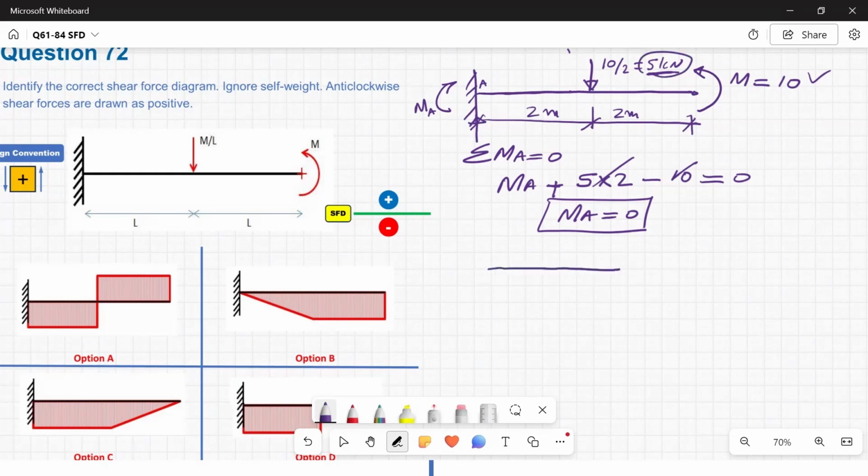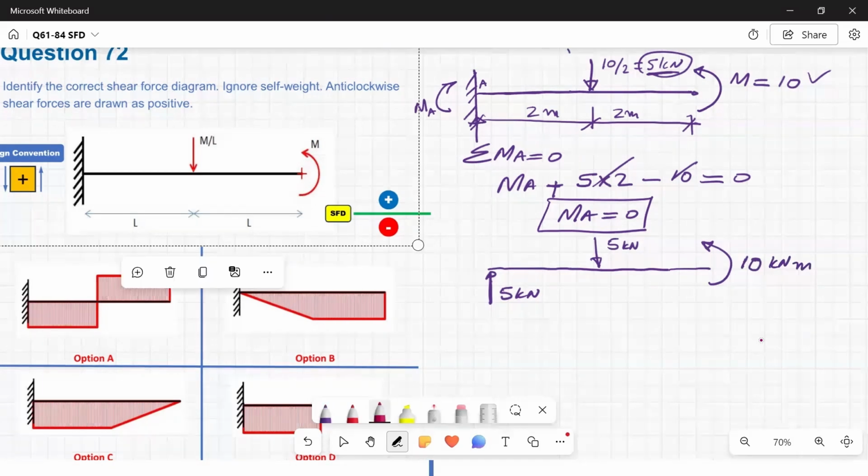So now I'm able to draw a free body diagram. Here I have 5 kilonewton of reaction, and here I have 5 kilonewton applied. At the end I have the moment applied, that is an anti-clockwise moment of 10 kilonewton meter. These two forces, 5 and 5, are creating a clockwise moment, and you know that our sign convention is anti-clockwise moments are positive.